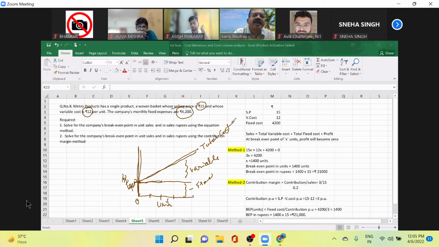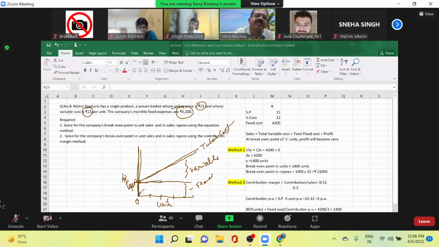Then I would like to draw the sales line. If my sales is 0, then 0 rupees. But if my sales is 100, 100 into 15, 1,500. If my sales is 200, it will be 3,000.